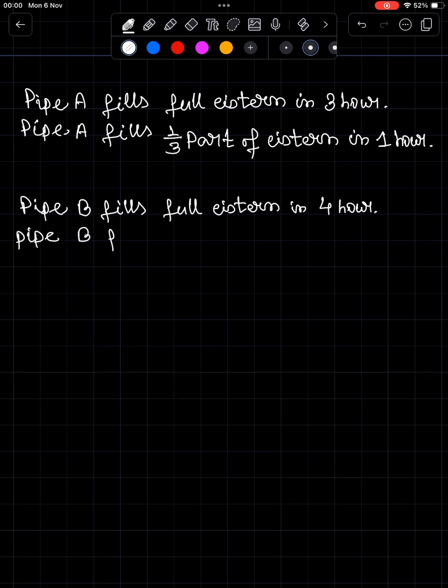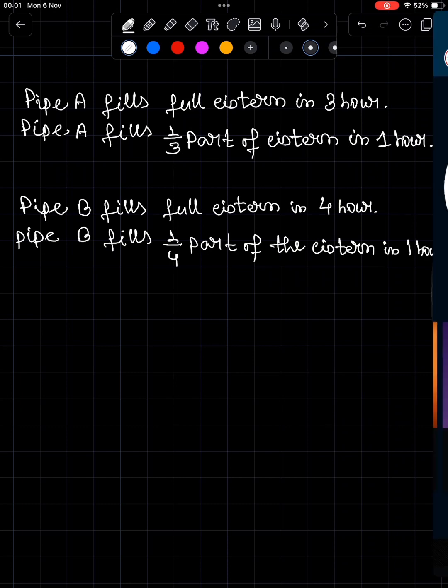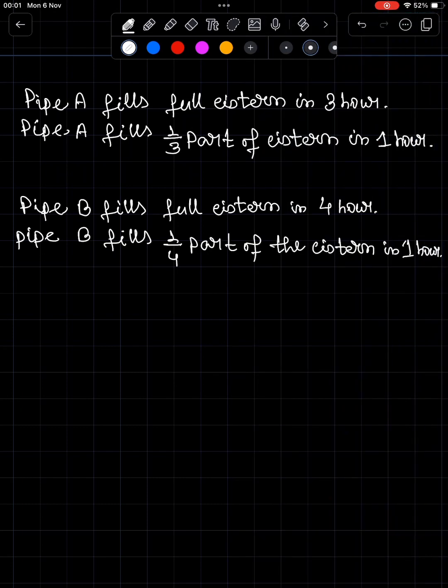Pipe B fills the full cistern, that means 1 part, in 4 hours, which means pipe B in 1 hour fills 1/4 part of the cistern, right? Capacity means per hour or per minute or per second, per time. So, the capacity of pipe A is 1/3 and the capacity of pipe B is 1/4.